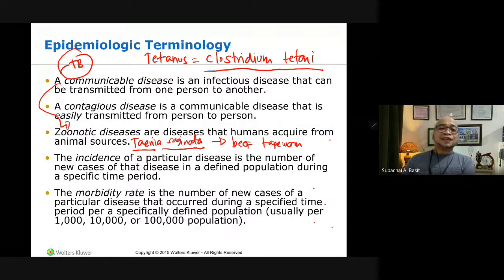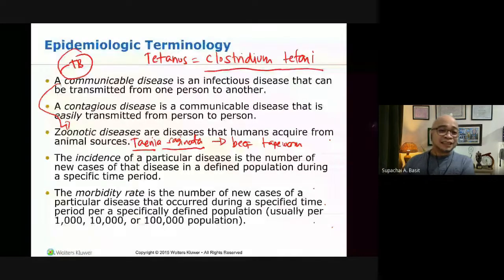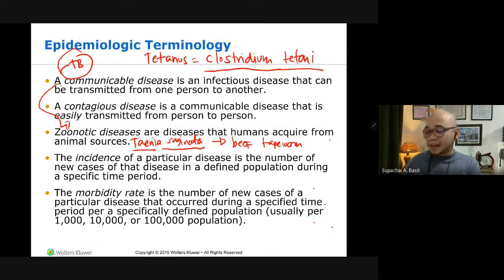Now, the incidence of a particular disease. Incidence is defined as the number of new cases of that disease in a defined population during a specific time period. Incidence means new cases, or new number.